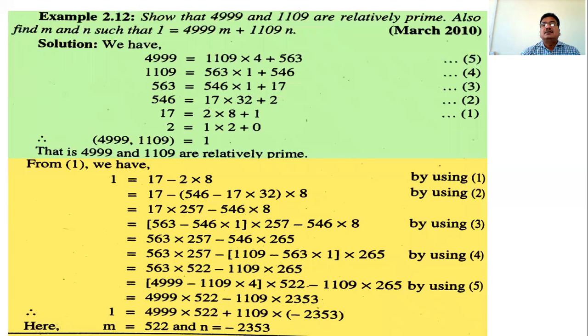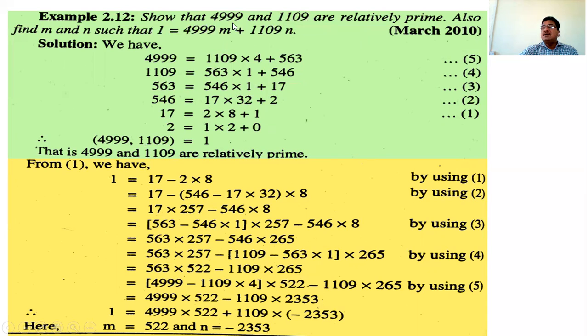Then the next example is what? Find the greatest common divisor of 4999 and 1109. Or another form of the question is: show that these two numbers 4999 and 1109 are relatively prime.